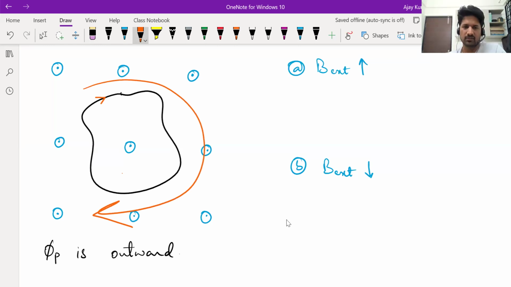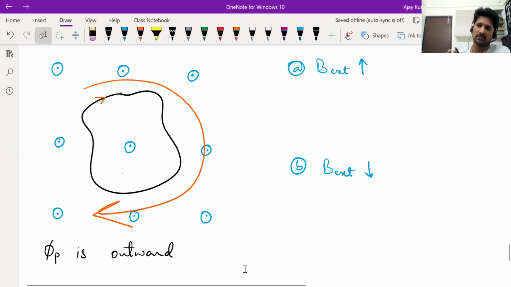How does the thumb point? Thumb points inwards. Here, the outward flux is getting stronger, so to oppose it, we need to produce inward flux. Based on that, you can conclude that current must be flowing clockwise.